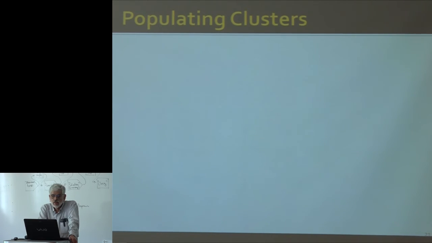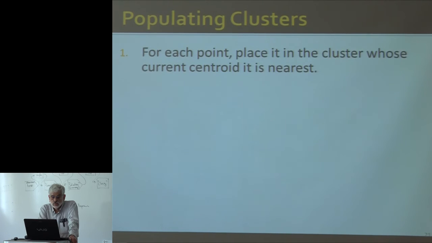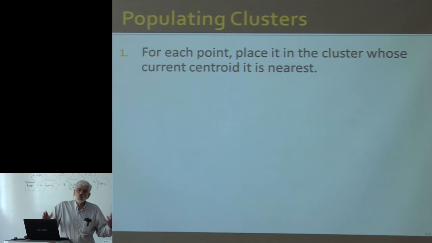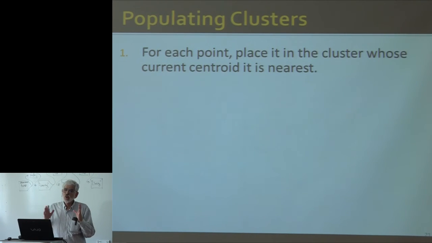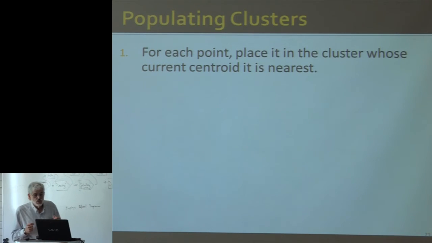Then you've got to populate the clusters, and that's sort of easy at first. You know where the centroid of each cluster is. It's at the k sample points, the k points that you've selected as the initial seeds of the clusters.